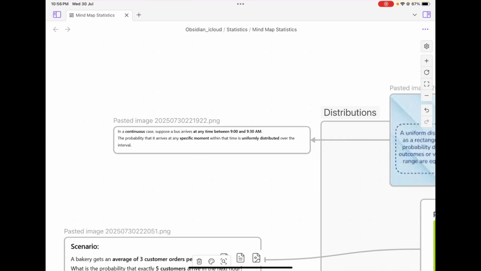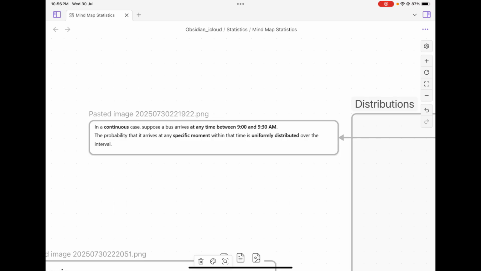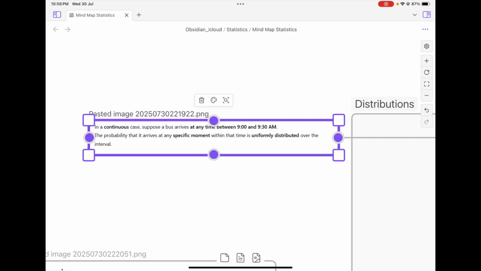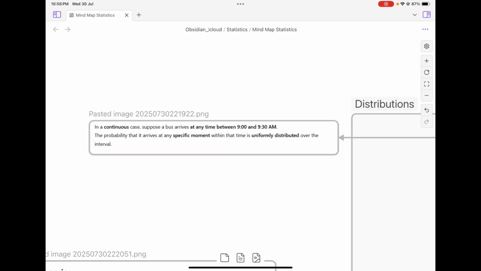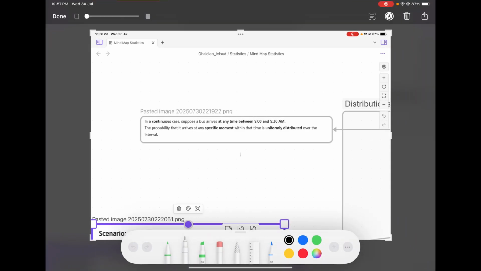Right. So let us take this example. In a continuous case, suppose a bus arrives at any time between 9 and 9:30 a.m. The probability that it arrives at a specific moment within that time is uniformly distributed. For example, in this case, if you plot the time, let that be 9 to 9:30.